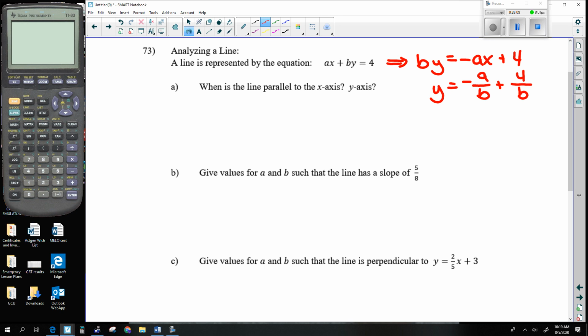When is the line parallel to the x-axis and y-axis? Excuse me, this doesn't have x on here, I'm sorry. So when is it parallel to the x-axis?